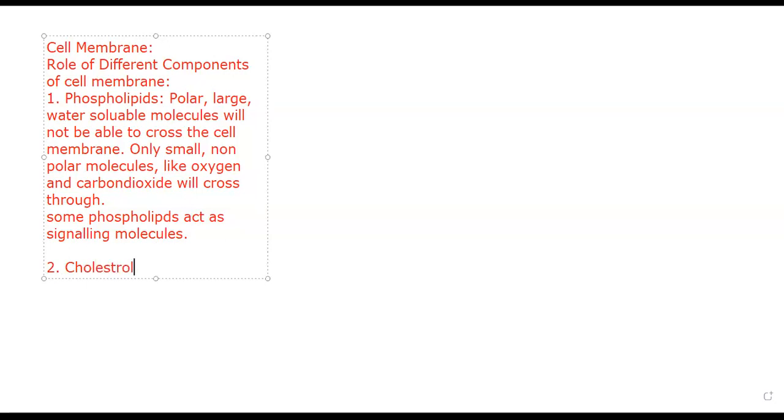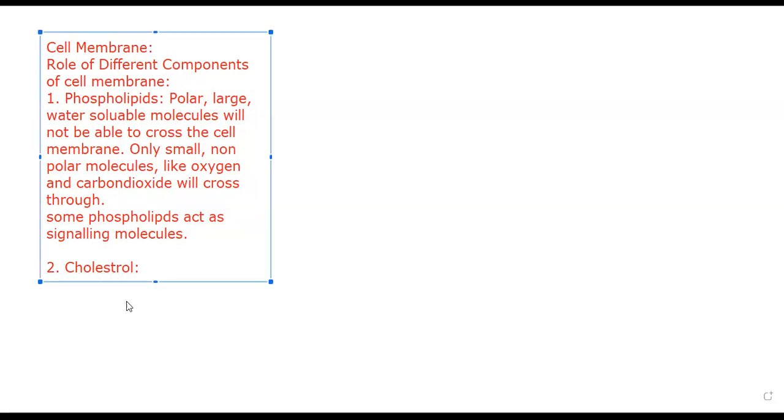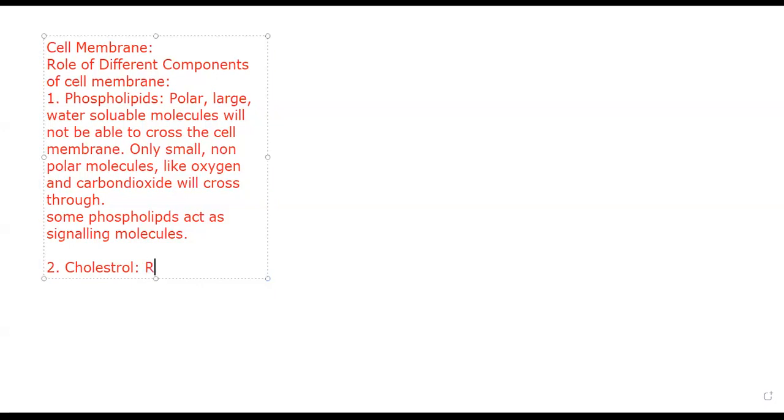If you remember, I had mentioned how cholesterol works. What had I told you guys? I had specifically mentioned that cholesterol helps in regulating or controlling the fluidity of the cell membrane, right?